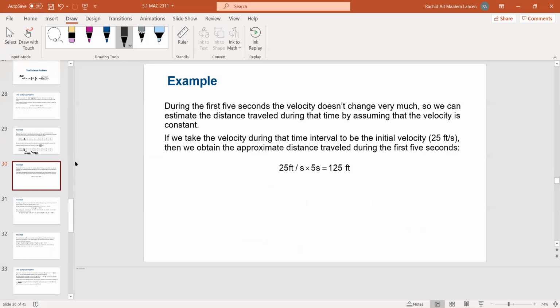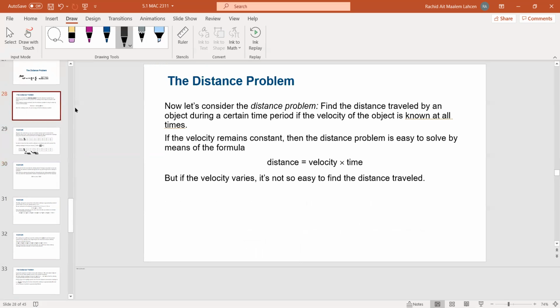So during the first 5 seconds, the velocity doesn't change very much, so we can estimate the distance traveled. Remember, our goal here is the distance. So what will happen is you have a curve, right? And we have these rectangles we are interested in.